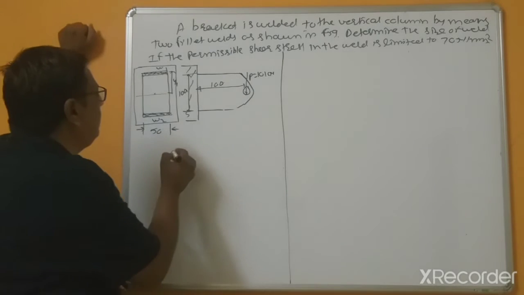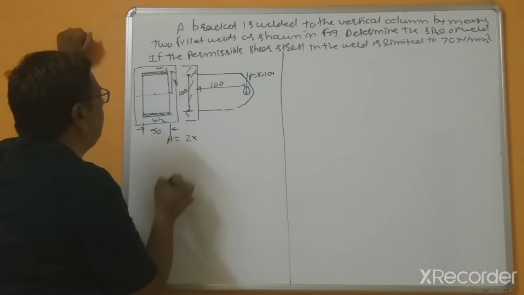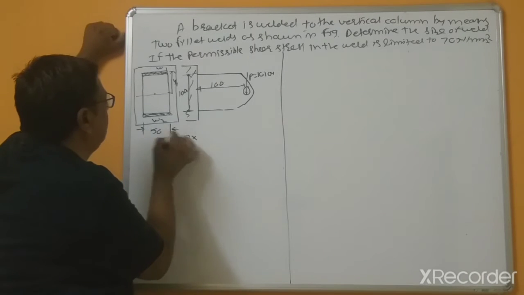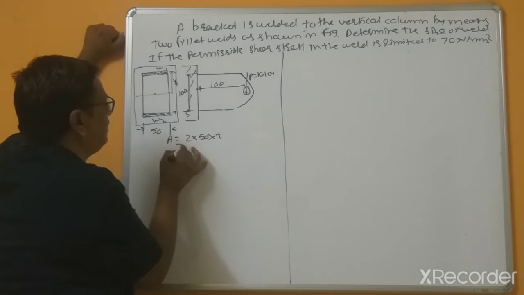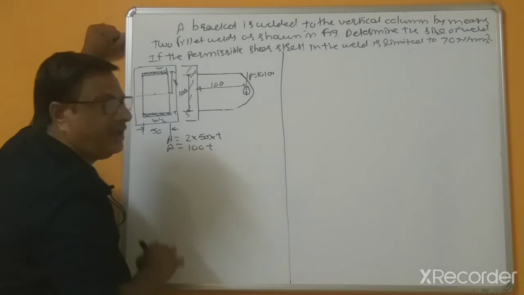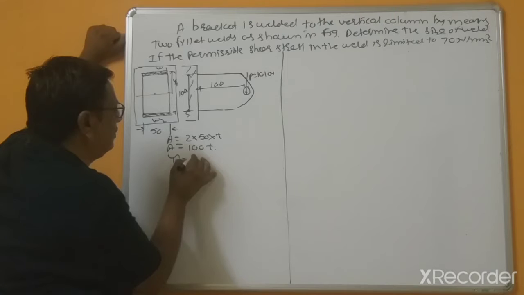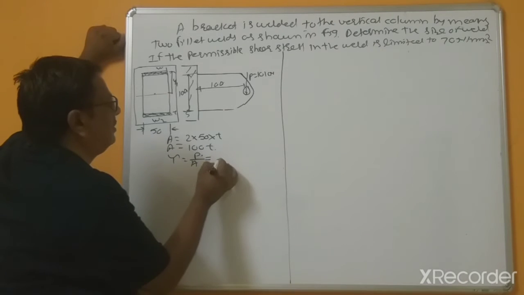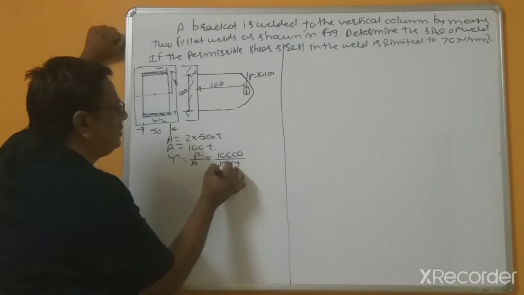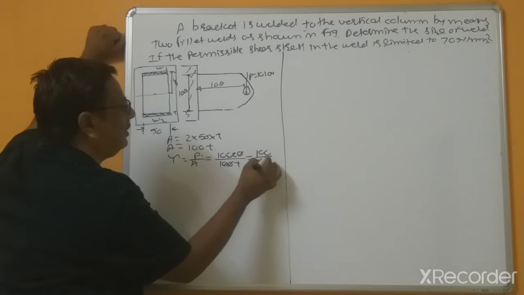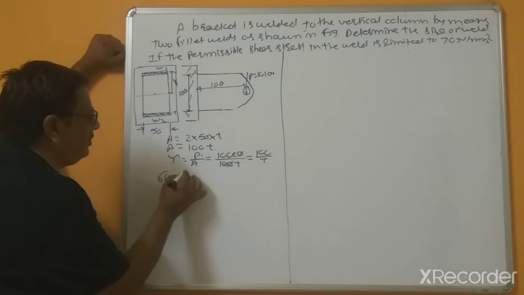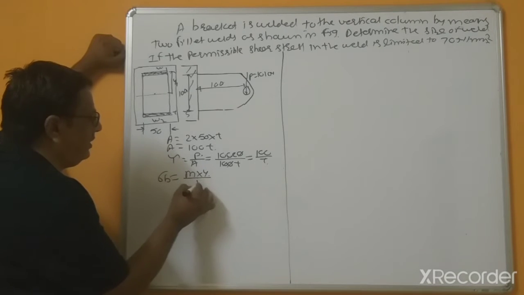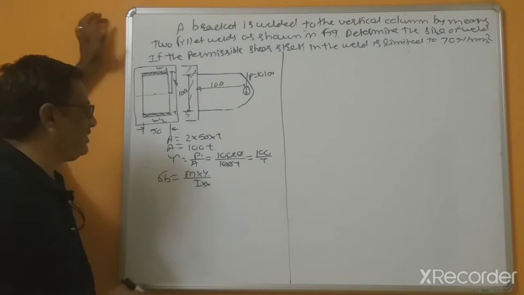So first I will calculate the area, equal to 2 multiplied by 50, because the width equals 50, and T is the thickness. So A equals 100 T, and tau equals P divided by area. This is 10,000 divided by 100 T, so this will get cancelled: 100 divided by T. Now by using the formula sigma B equals M into Y divided by the moment of inertia about the x axis.